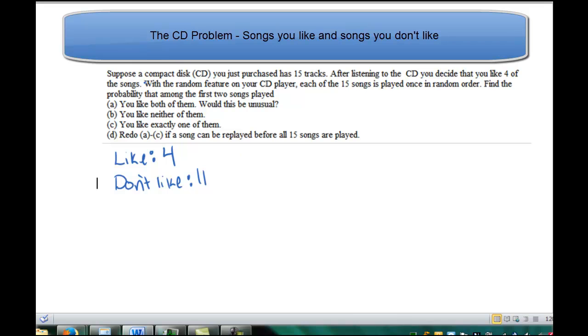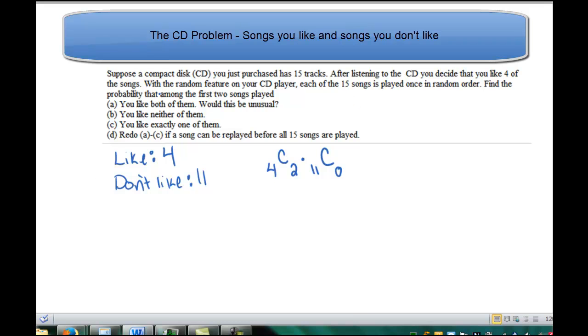So to figure out the probability, of the 4 that we like, we are hoping that the CD player will randomly choose 2 of them. And of those 11 that we do not like, we're going to assume that it's going to choose none of them. And again, we know that the 2 and the 0 has to total up to 2 because we are only selecting 2 songs.